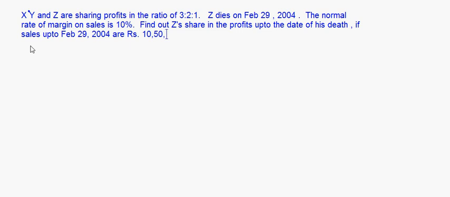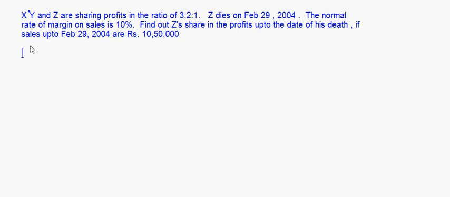Z dies on February 29th, 2004. The normal rate of margin on sales is 10%. Find out Z's share in the profits up to the date of his death if sales up to February 29th, 2004 are rupees 10,50,000.